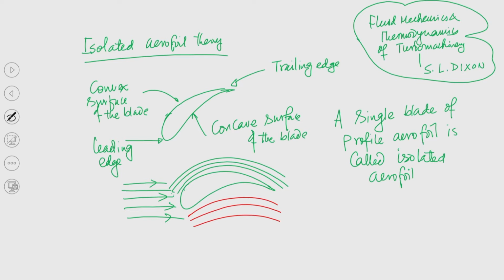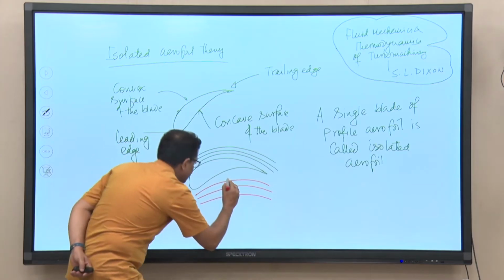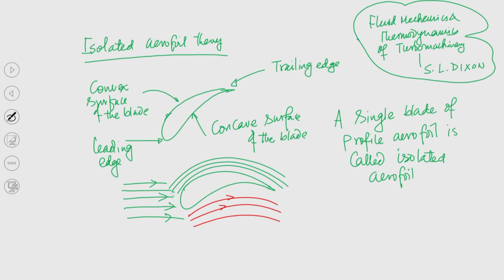So, here streamlines are as if they are very densely packed. So, basically flow streamlines here on the concave side, they are not very close to each other, while streamlines on the convex side, they are very close to each other.